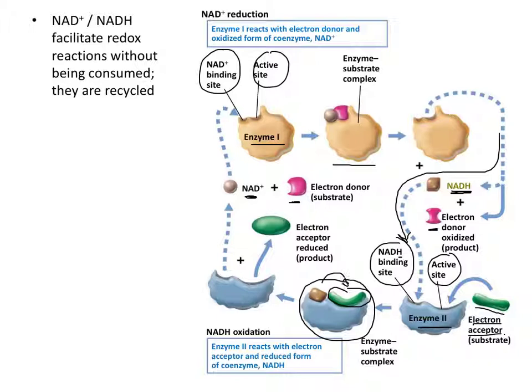So we've got electron transfer there, and the electron acceptor is then reduced. It can go off. It's a product of this reaction, and NAD+ is regenerated and is then able to continue its role of receiving electrons in the cell.